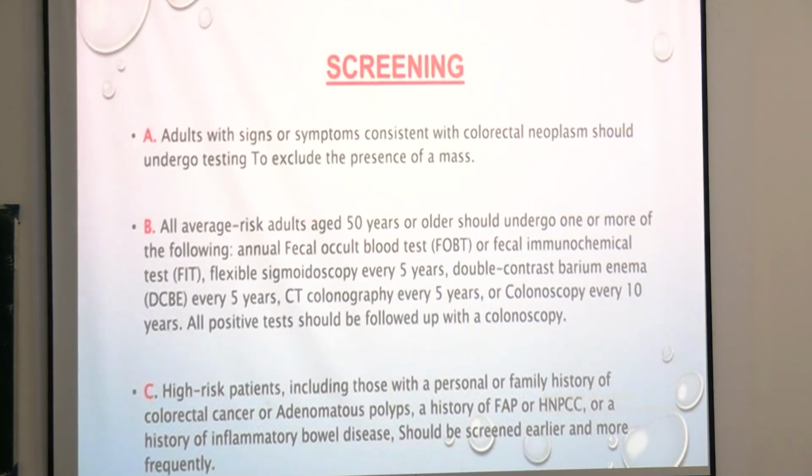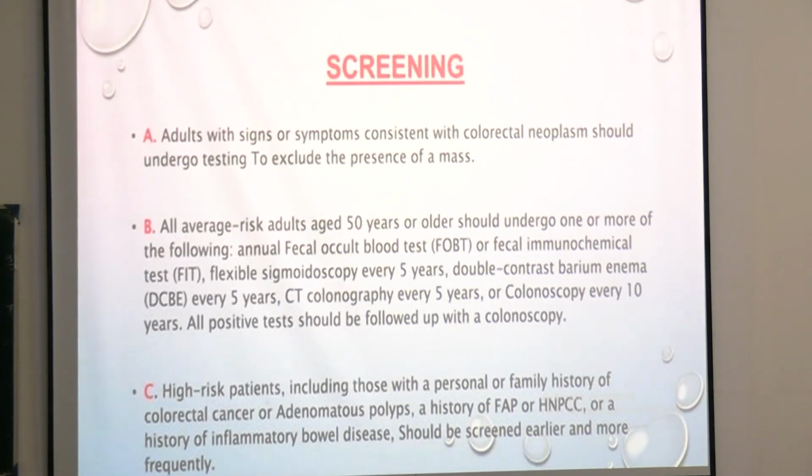Average adults aged 50 years or older should undergo one or more of the following: annual fecal occult blood test, or immunochemical test, sigmoidoscopy every 5 years, double contrast barium enema. Any of the tests you have to do.